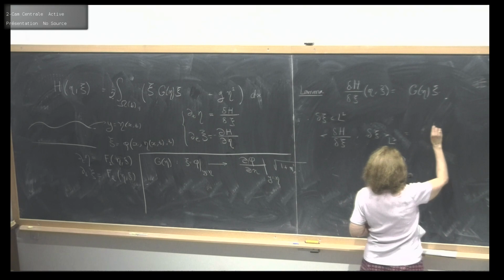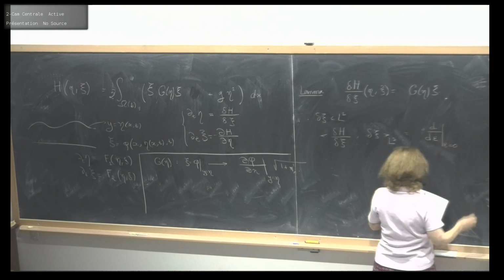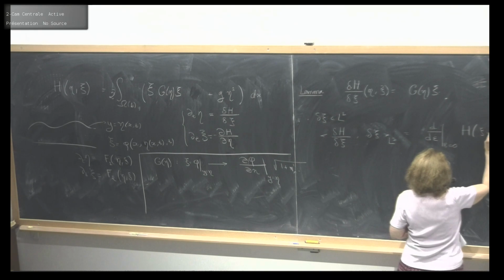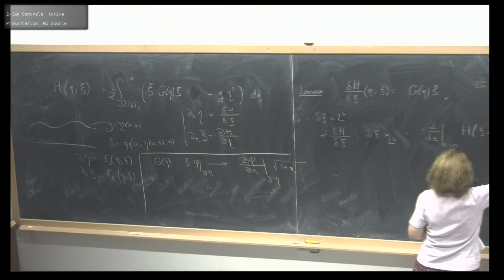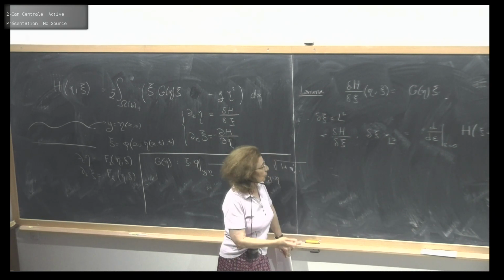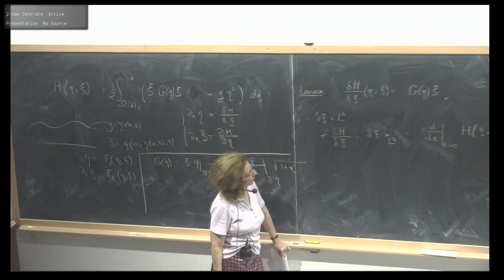So it's d over epsilon at epsilon equals 0 of, okay, so that's the definition of the variational derivative with respect to the L2 scalar product.